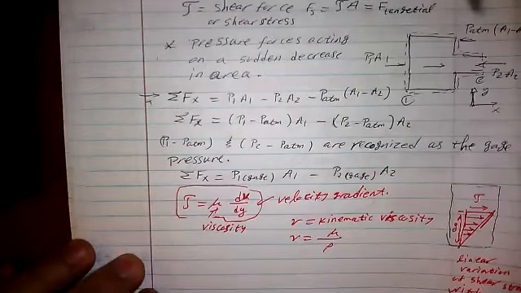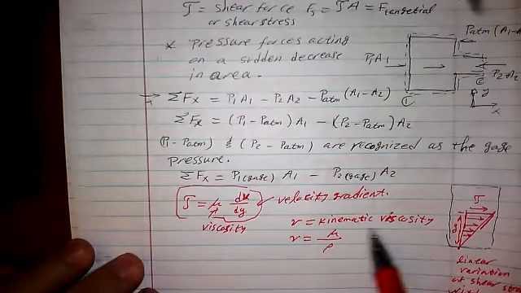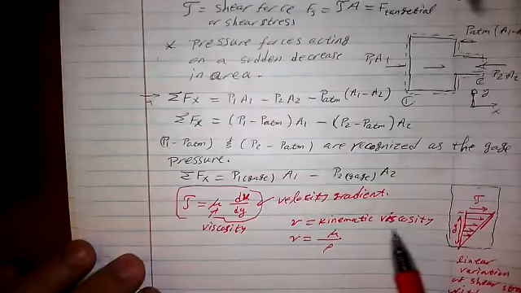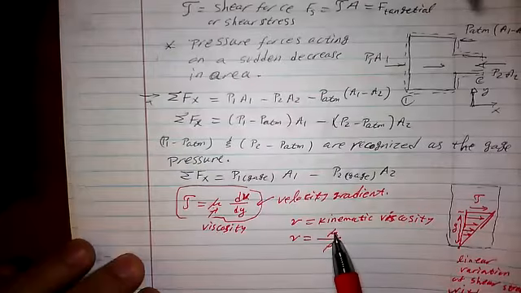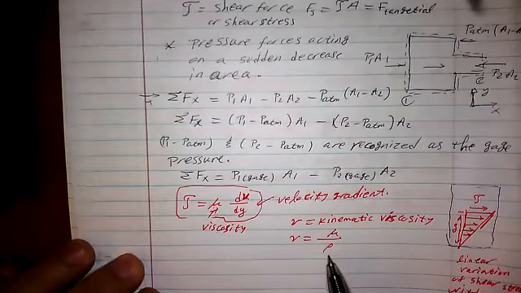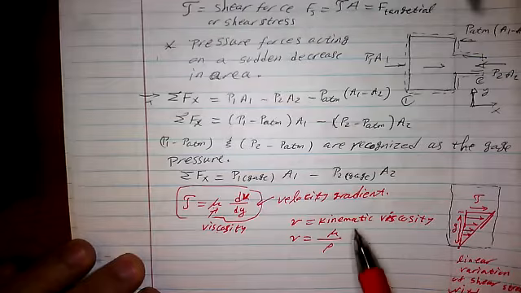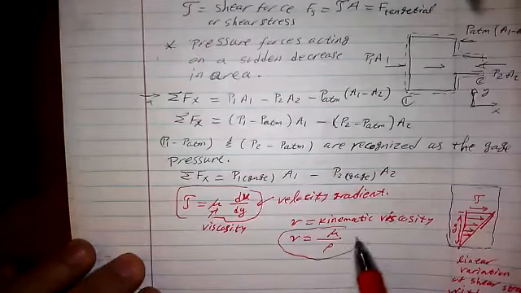In thermodynamics, we call it a specific volume. In fluid dynamics, we call it kinematic viscosity. Kinematic viscosity versus dynamic viscosity. The ratio of dynamic viscosity over density of that fluid we call kinematic viscosity. So that is a useful formula.